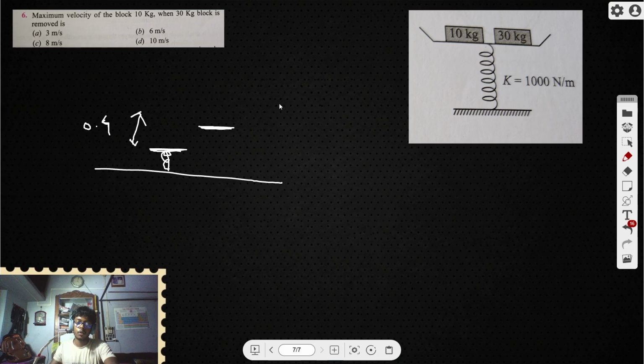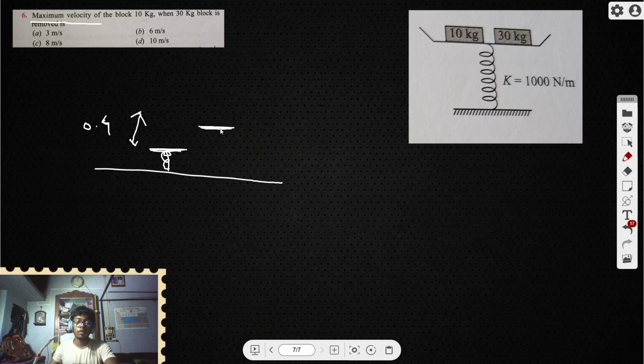Am I right? So when it is going like this, we all know that in SHM, when it is reaching the midpoint, the speed is maximum, and they are asking the maximum velocity.